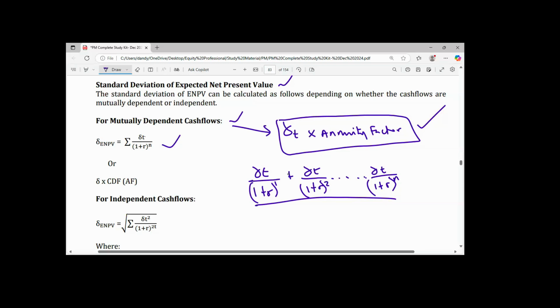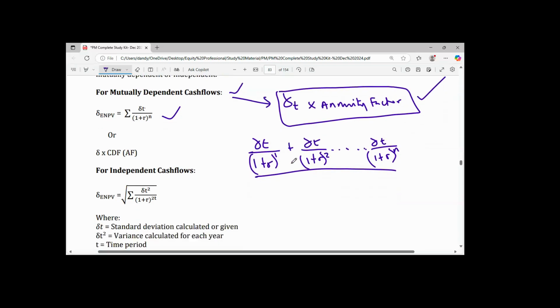So please watch out. I also explained what is meant by mutually dependent cash flow. The mutually dependent cash flow is the one in which the events in each year are the same.